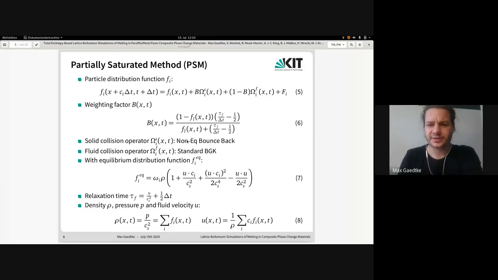So if it's liquid, we apply the standard BGK collision. And if we have a solid at that cell, we apply a non-equilibrium bounce back procedure. So by that, we have a homogeneous algorithm to apply for the whole domain.